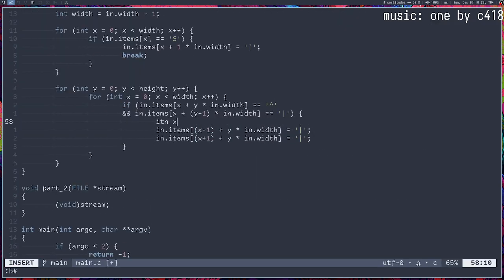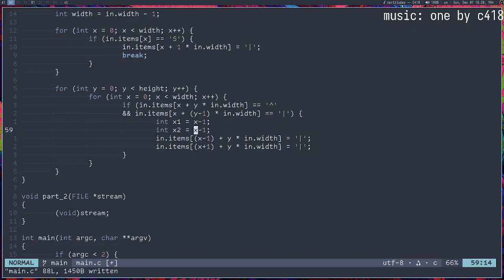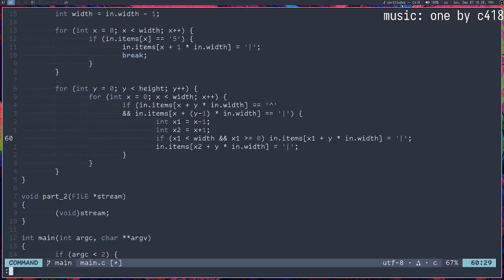So let's put these into their own variables, x1 equals x minus 1 and x2 equals x plus 1, and only do these lines if the x coordinate is less than width and more than or equal to 0.